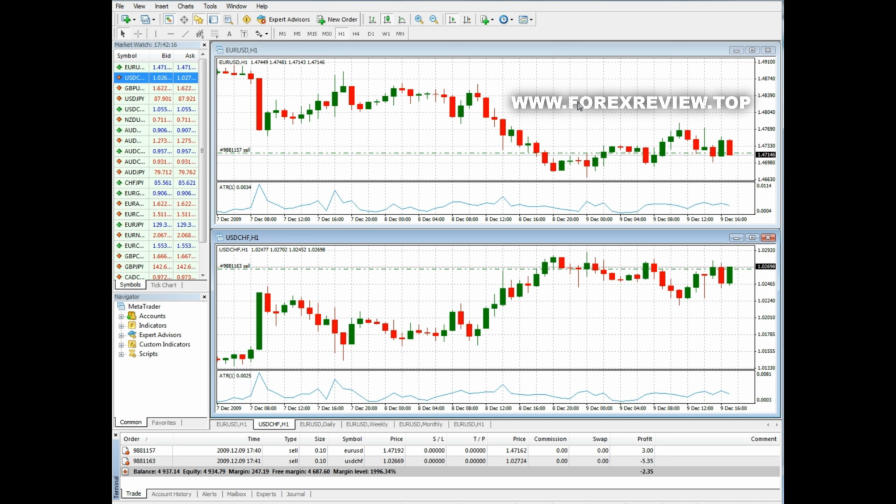Now we know that there is no currency pair known as the euro dollar, US dollar, Swiss franc. It wouldn't be a pair, it'd be a quad. But that is what we actually have trading here. We actually have basically this price movement here, which is the price movement of our synthetic security.